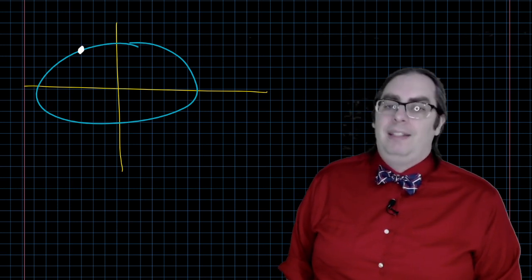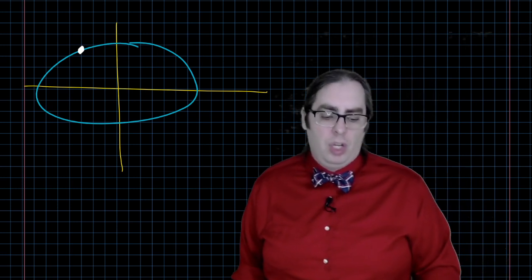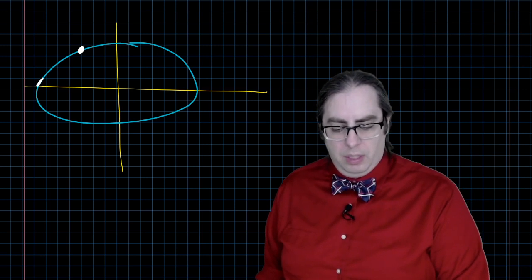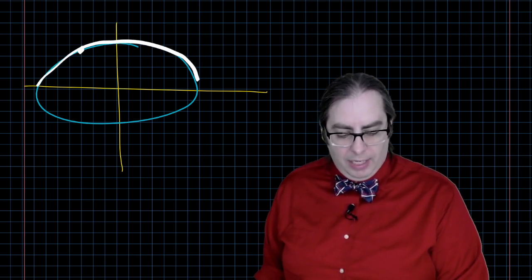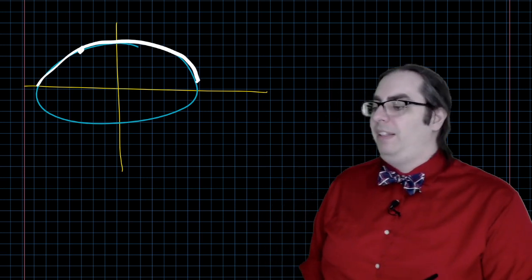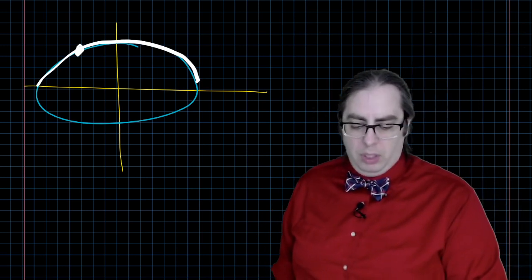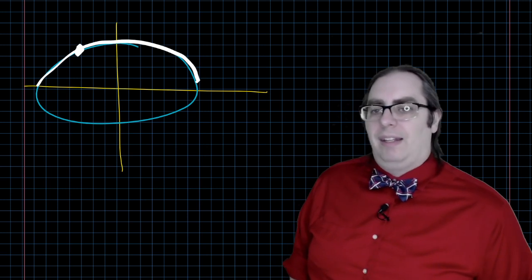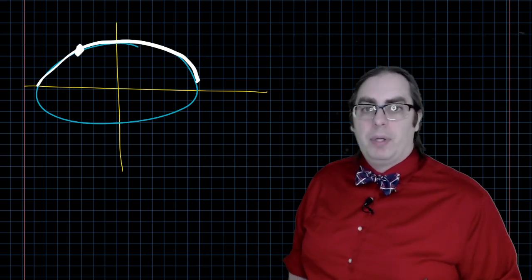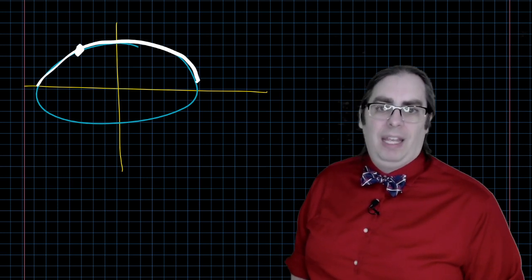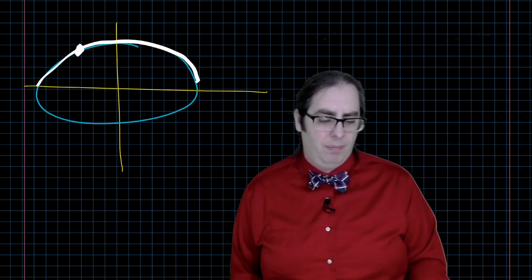Well, the entire graph is not a function. But what if, instead of looking at the entire graph, we implicitly assumed that we were just looking at the upper half of the graph? The upper half is a function, even though the entire graph is not.